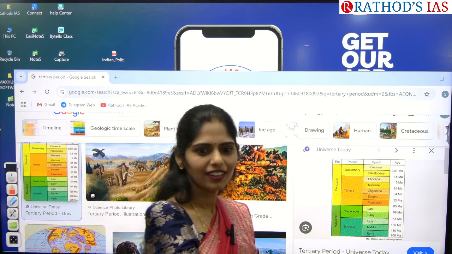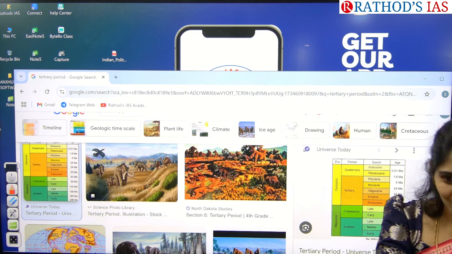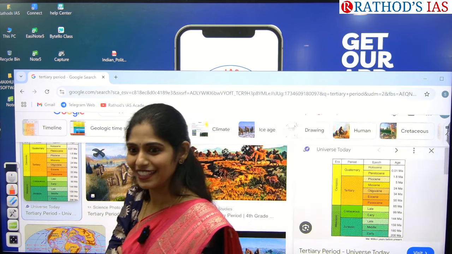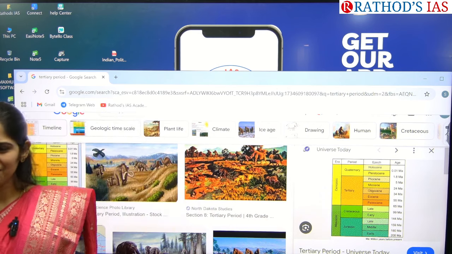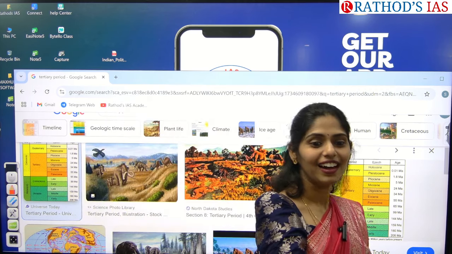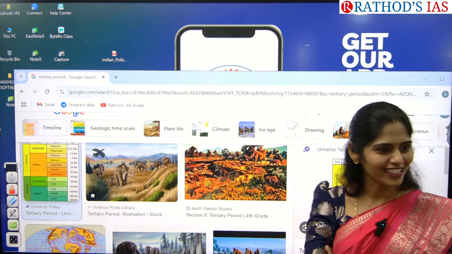Why did human evolution start only in this age? Because of climate change. So go back to your world geography and tell me what changes happened during this period. Just for some fun, Pangea belongs to which theory? CDT, continental drift theory.